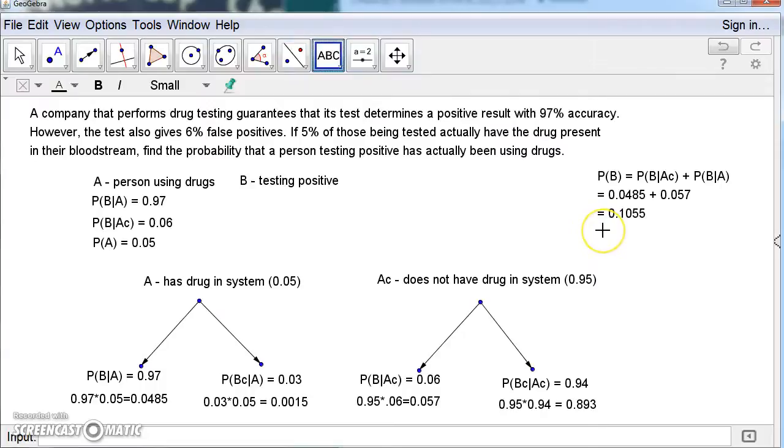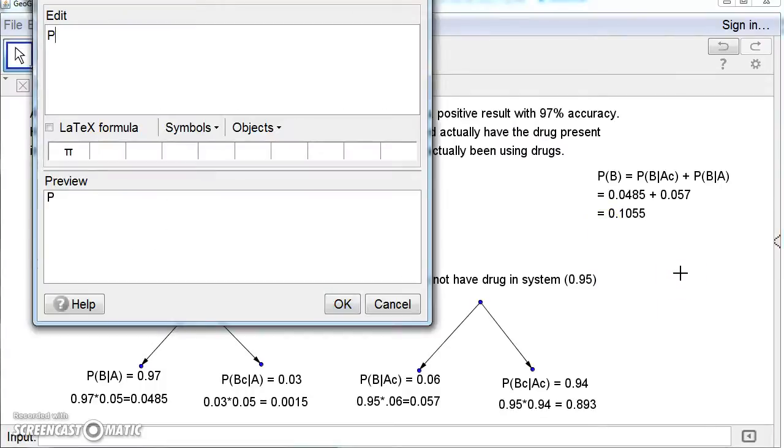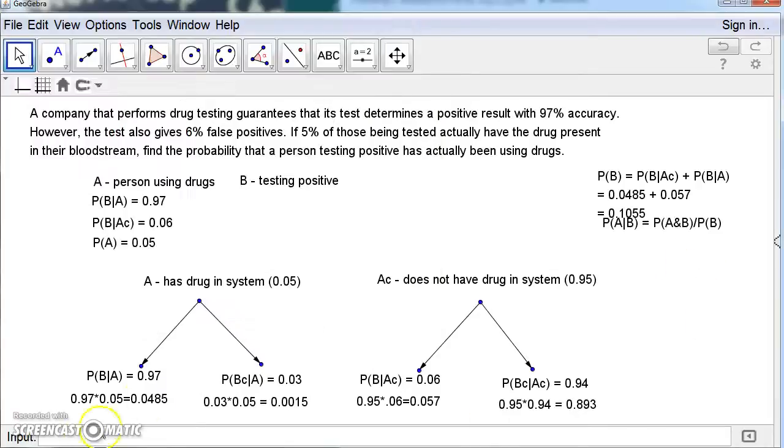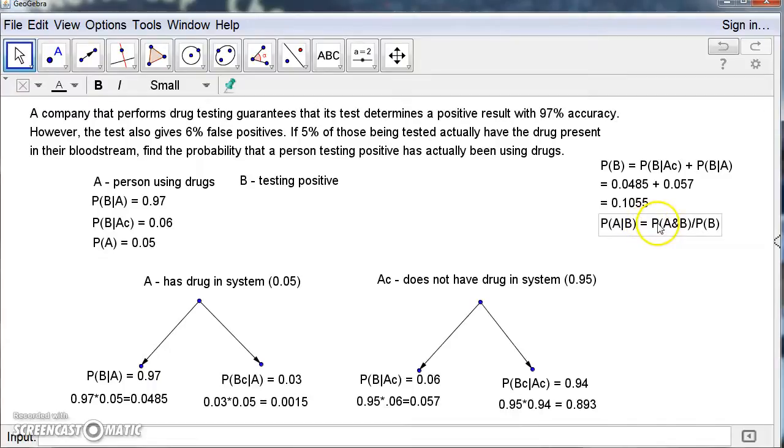What we're now going to do to finish this off, the probability of A given B is equal to the probability of A and B divided by the probability of B. Okay, and this comes from just our usual probability formula, the conditional one. So P(B) we added up here was 0.1055.